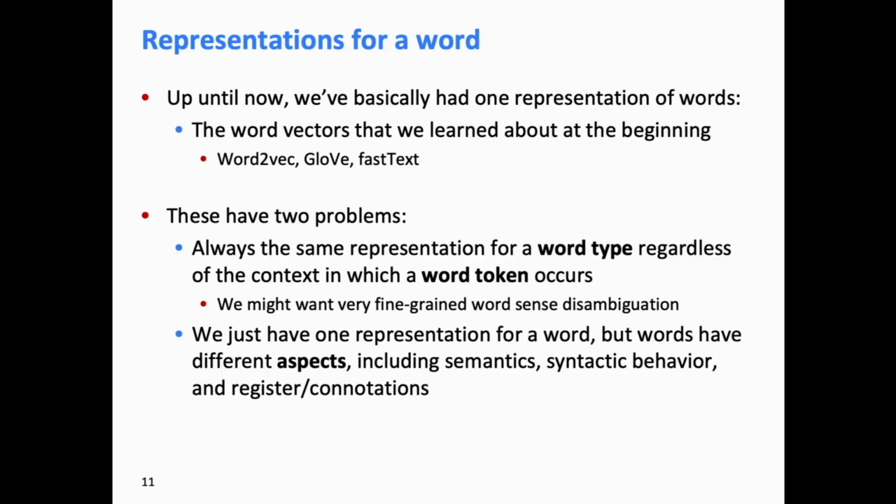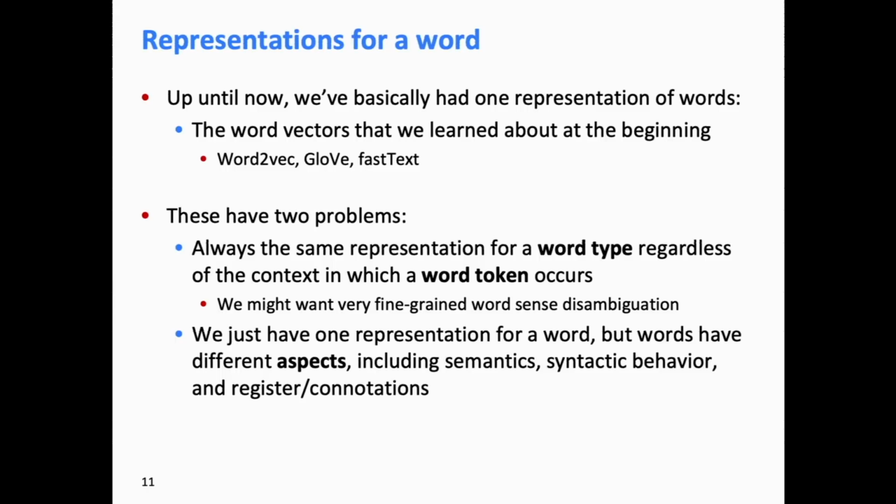Words can have different meanings, or real semantics, or different syntactic behavior, like different parts of speech or grammatical behavior. In some sense, arrive and arrival have almost the same semantics, but they're different parts of speech. One's a verb and one's a noun, so they can appear in quite different places, and you'd want to do different things with them in a dependency parser.